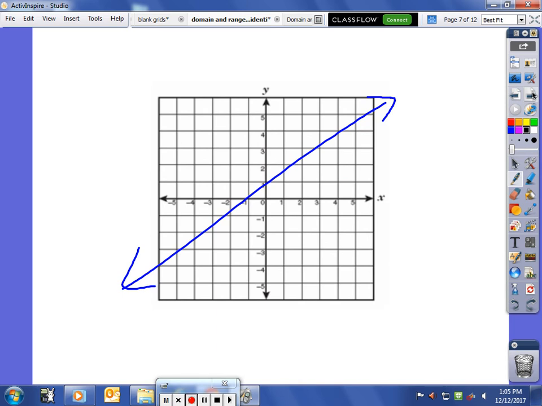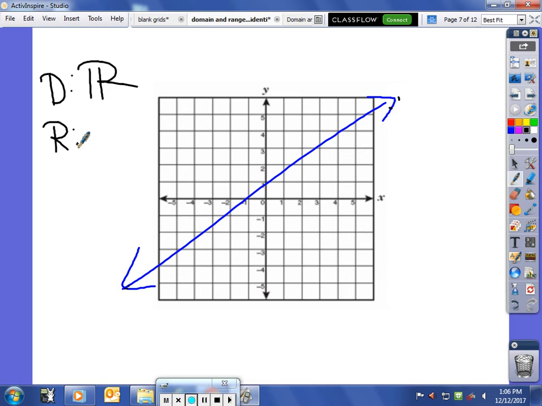All right. A line. Domain is definitely all real numbers. If I look to the left, I see an arrow. If I look to the right, I see an arrow. How about range? Okay, look at the top.